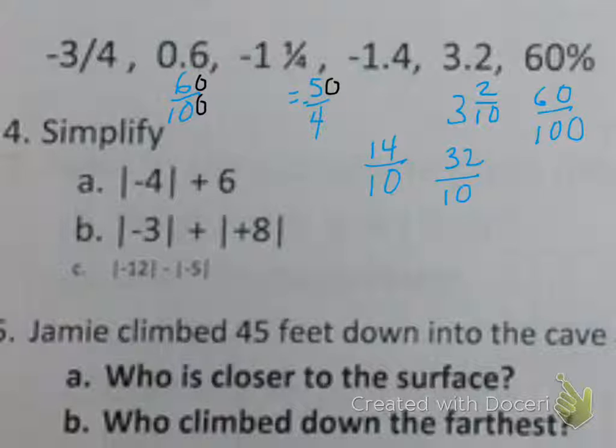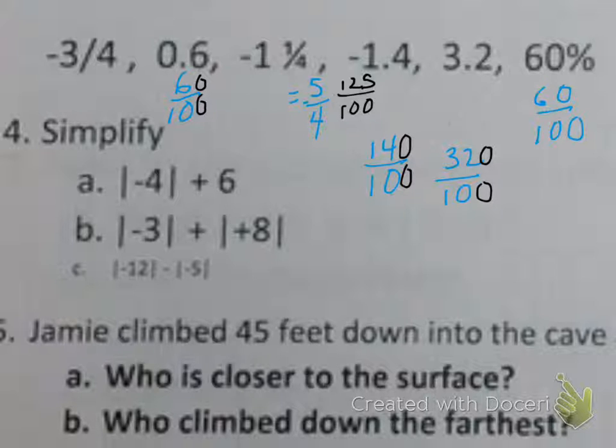Then on the next one here, to make this into 100, we'd have to multiply by 25. So this would be multiplied by 25. 125 over 100. On this one we could just go through and add a 0 and have 140 over 100. Same here, 320 over 100. And then on this one here, it's 60 over 100.